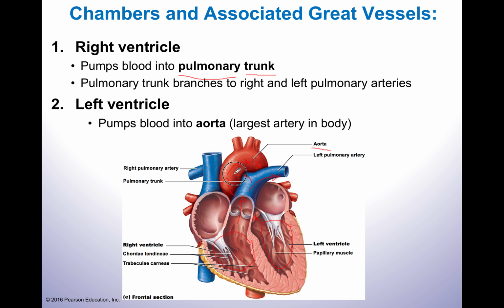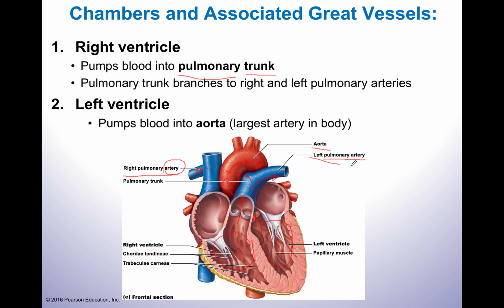So I'm going to do it as a dashed line. It goes behind and becomes this blood vessel. This one is going to the right lung, so we refer to it as the right pulmonary artery because it's taking blood out of the heart, or away from the heart. And this one's going to the left lung, so it will be referred to as the left pulmonary artery.